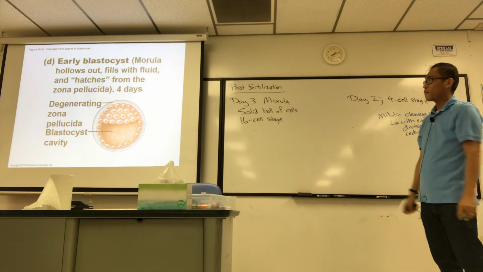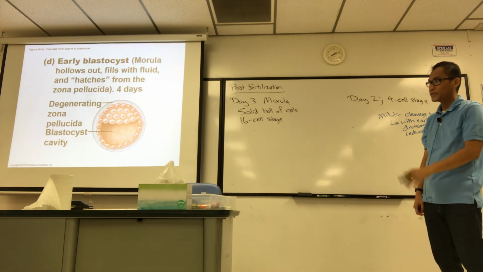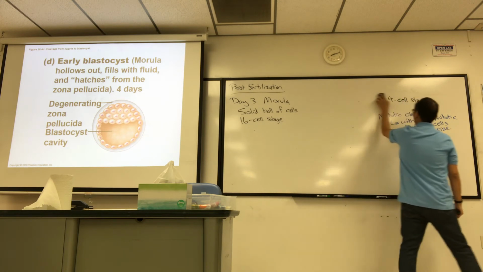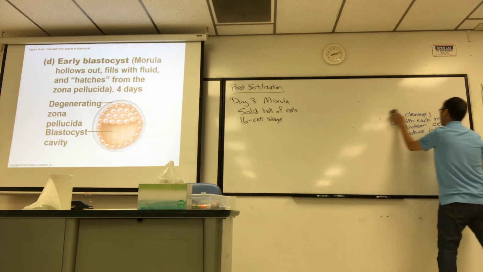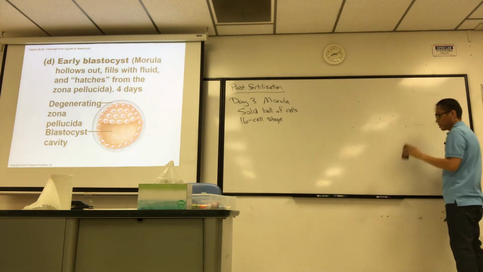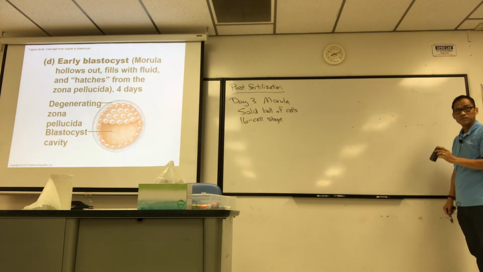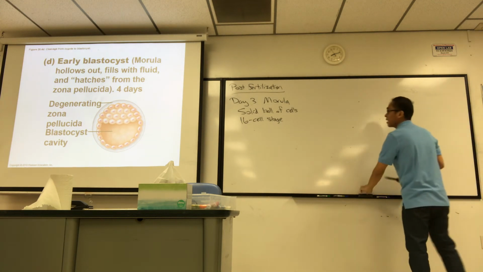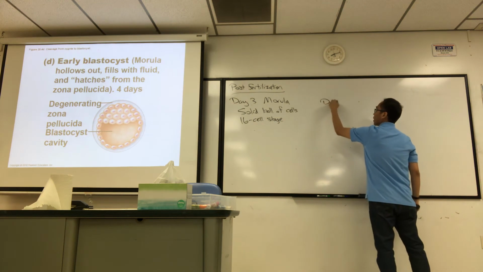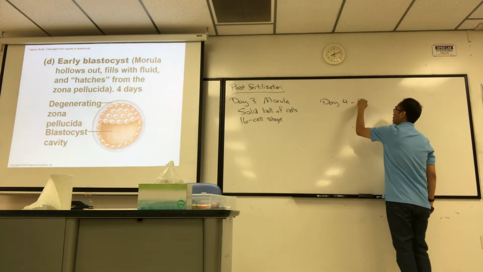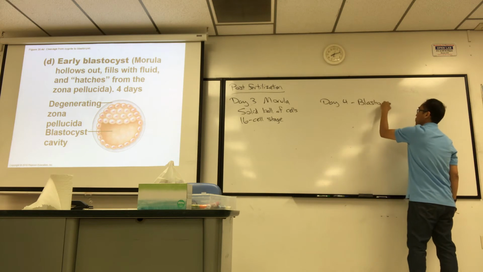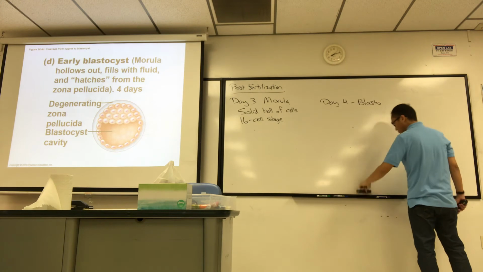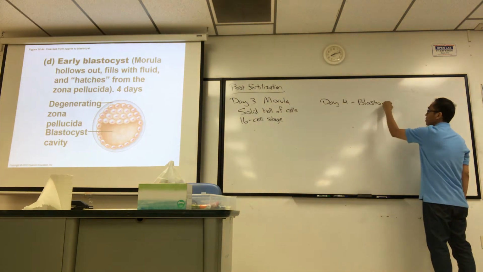All right, 4 days. You're starting to get some organization on the inside there. They call this blastocyst at 4 days. We're still in the uterine tube 4 days post-fertilization. Day 4, call it blastocyst. If you want to put an adjective to it, sometimes people call it the early blastocyst.